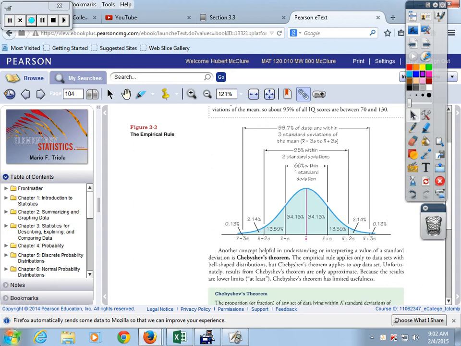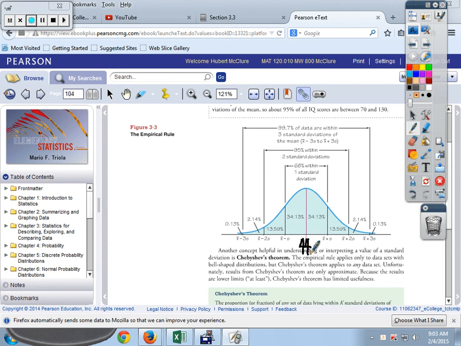So in this case, somebody, what was the mean in our last problem? Round it to the nearest whole number. Okay, 44. So 44 is right here.